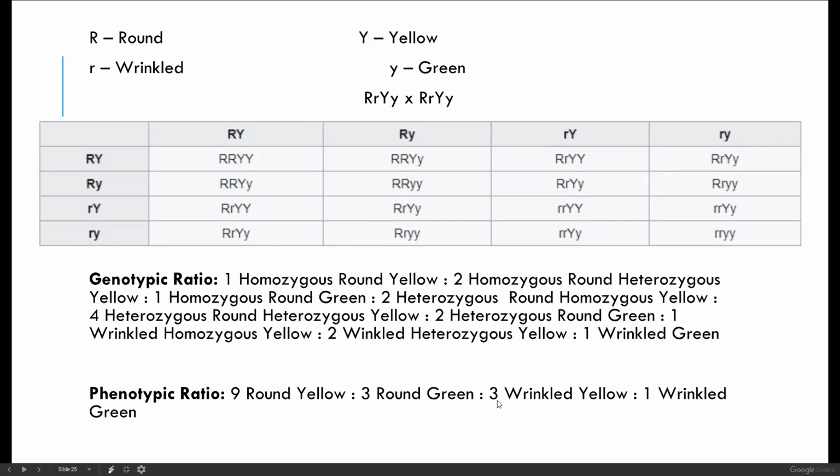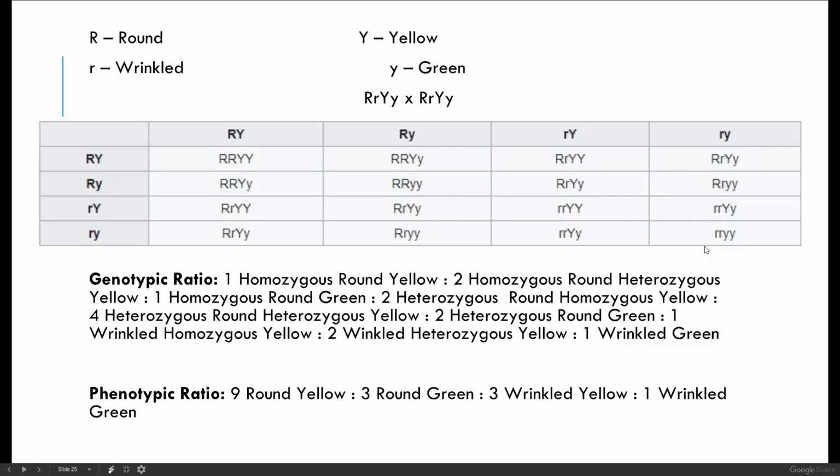Next is 3 wrinkled yellow. Wrinkled, 1, 2, 3. Wrinkled yellow. And 1 wrinkled green. So 1 wrinkled green, this one. That's the phenotypes, or what you can actually see.